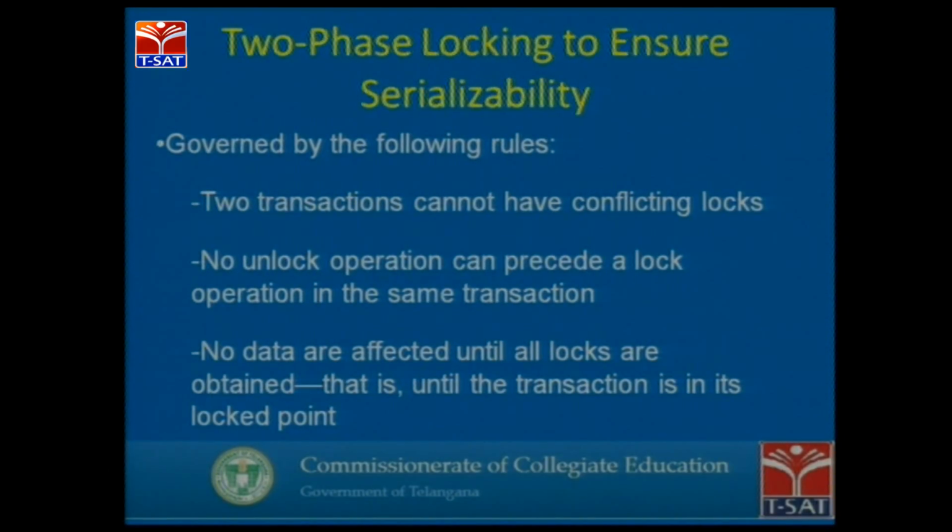So the two-phase locking technique always ensures serializability. They serialize the operations of different transactions. With that, no conflict arises. This image clearly shows how this two-phase locking protocol is implemented by concurrency control.